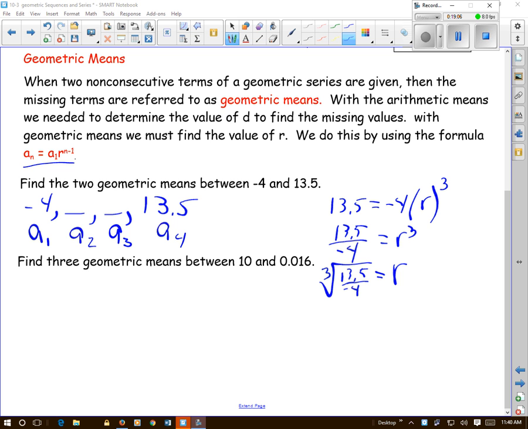So calculator and decimal approximation, we'll just go with there. I'm sorry? -1.5? Okay, so that's approximately -1.5. So now we can come back here and say, okay, using the recursive formula, -4 times -1.5 would be 6.